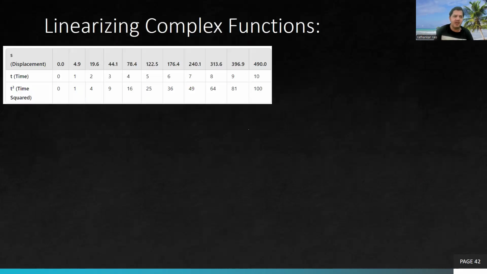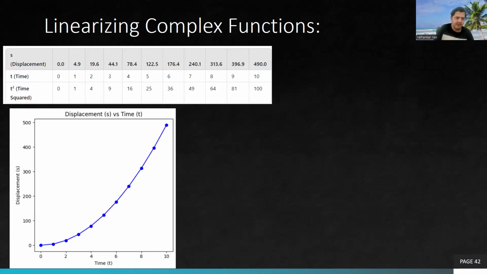Now, linearizing complex functions. Let us take up a graph like s proportional to t, and s proportional to t squared. Let us take an equation like s equal to half gt squared, and I ask you to plot a graph of s versus t. Plotting s versus t, you get a curve like this.